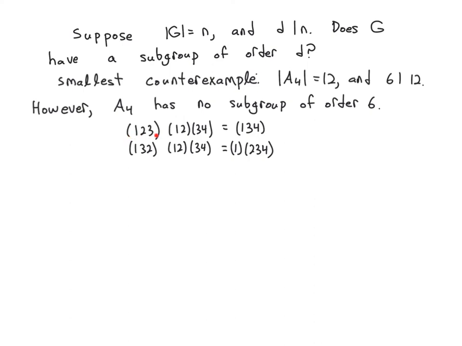I'm going to assume my 3-cycle looks like this. Let's suppose my element of order 2 looks like this one. If I do this product, I get this 3-cycle. And if I multiply by the inverse of this 3-cycle here, I get this 3-cycle. Note that since I'm closed under inversions, I need to have the inverses of these 2 elements as well.